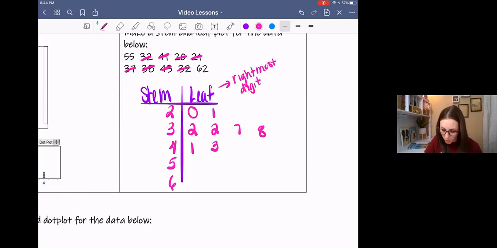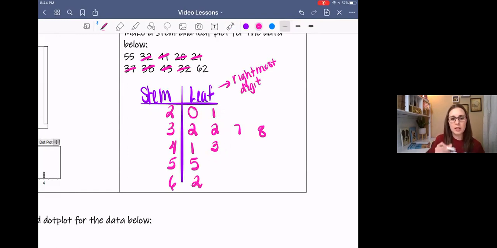So even though these numbers are not the same, that doesn't matter. They just need to be evenly spaced so that it's all proportional, because we're going to tilt our heads again and look at the shape of it to see what's happening. And then 55, 62.